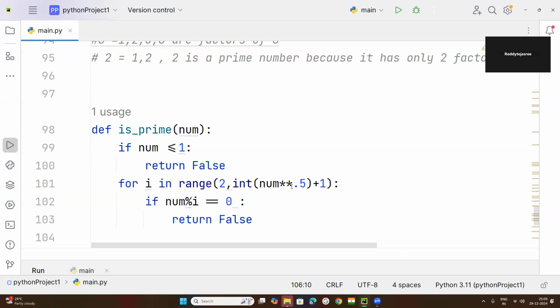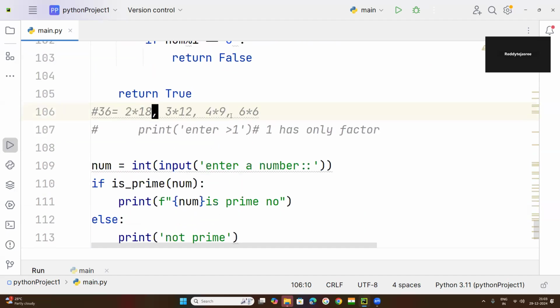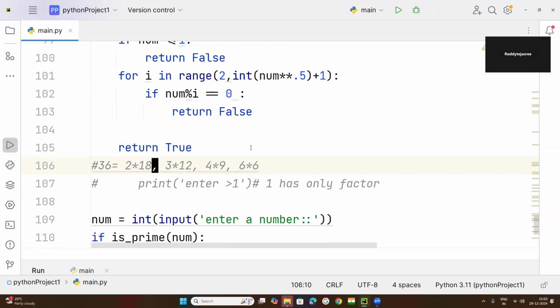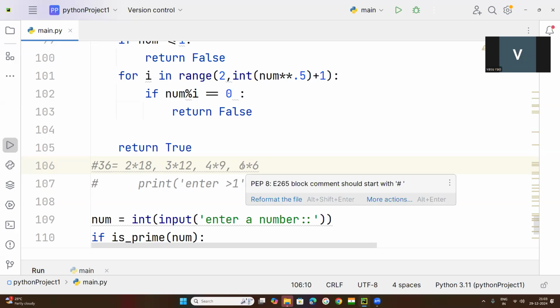So if any number has large factors, then its square root. Suppose 36 I have taken, 36 has the square root of 6, and it also has large factors other than 6. So at that moment, what happened?